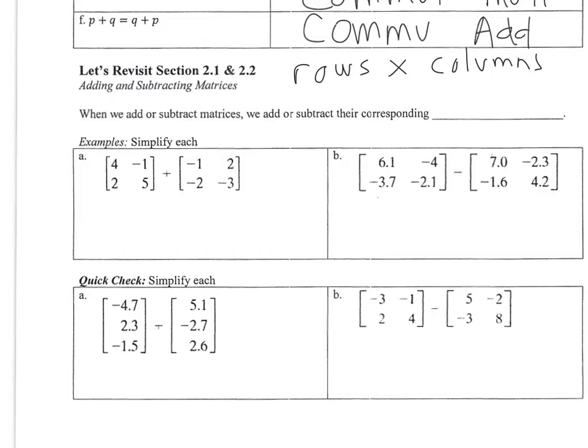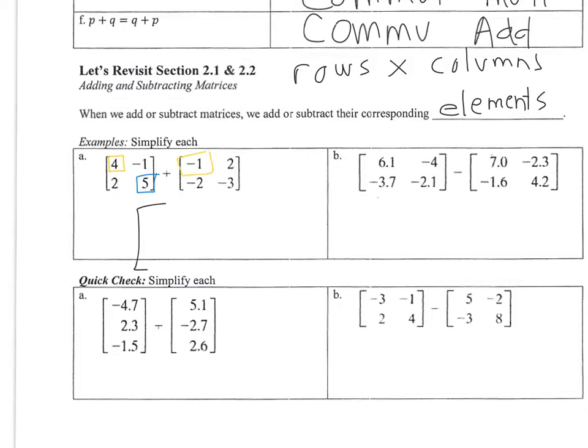So when we add or subtract matrices, we add or subtract their corresponding what's called elements. So the numbers within a matrix are called elements. So this is an element. This is an element. So to figure out the corresponding elements, I look at this 4 is in the upper left hand corner. So over here, this one is in the upper left hand corner. So I'm going to add these two together.